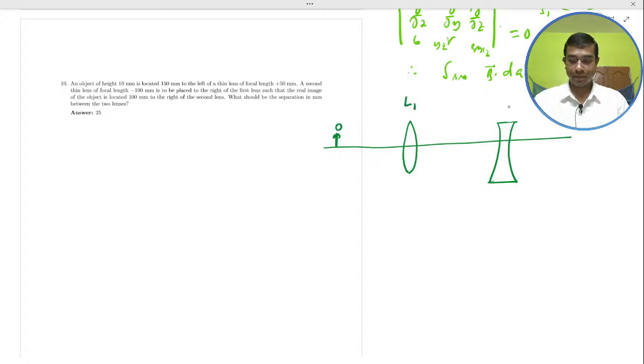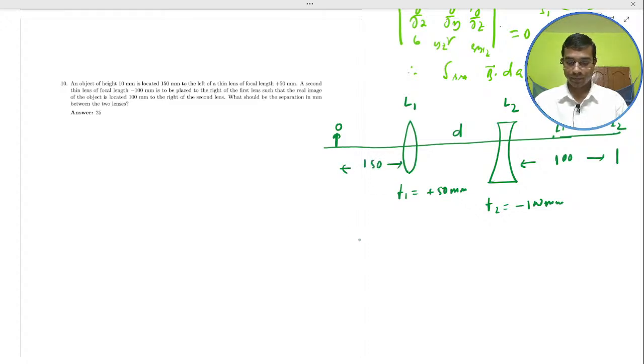This is L1, L2, this is D, this is I1, this is I2. This distance is 100 units. This is F2 minus 100 millimeter, and F1 is positive 50 units, given in millimeters. Okay, this is 150, and this is the ray diagram.